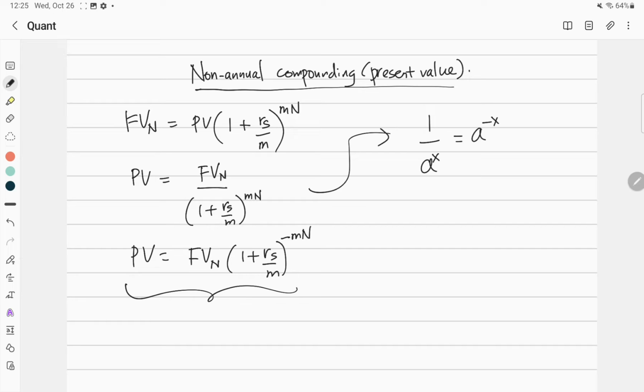Now we're going to see an example where the investment is compounded non-annually, not only one time per year, and we're going to calculate how much we should have invested 10 years ago, if n is 10 years, so that we have this amount of money at present.